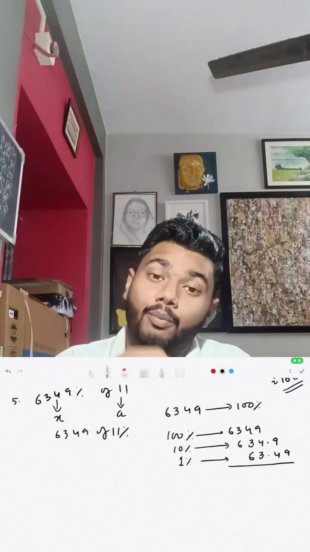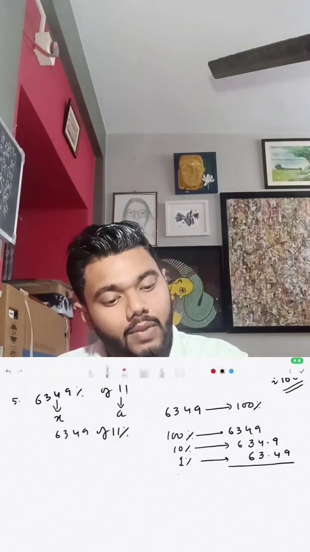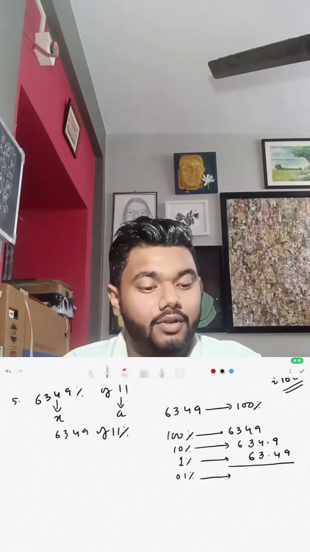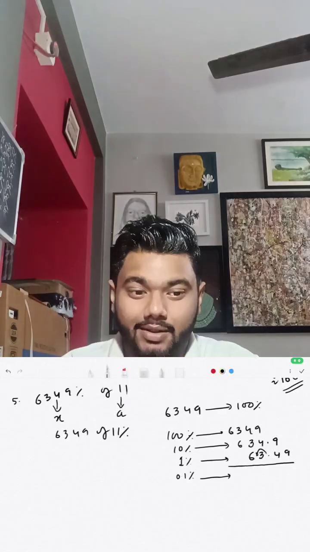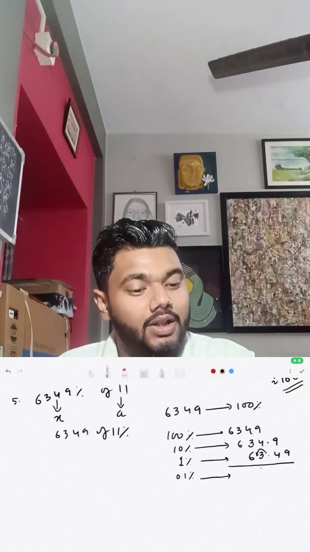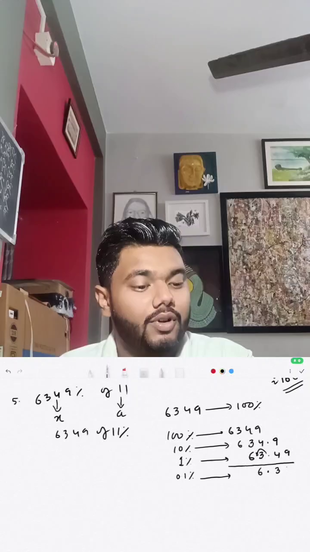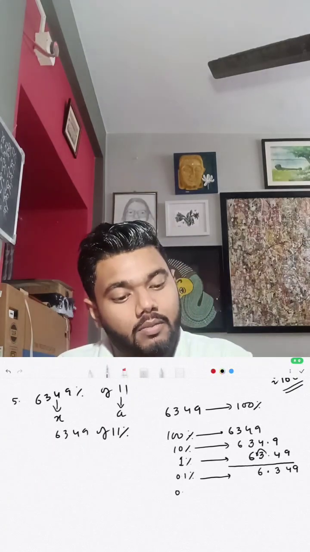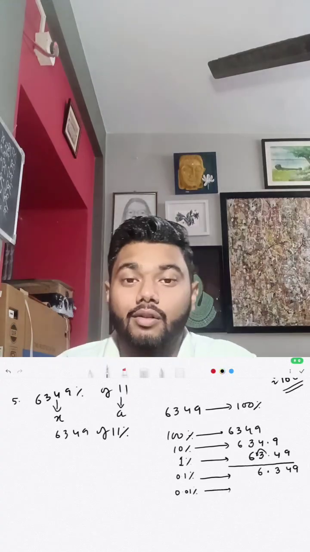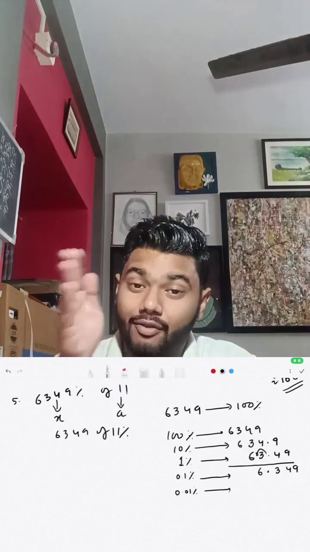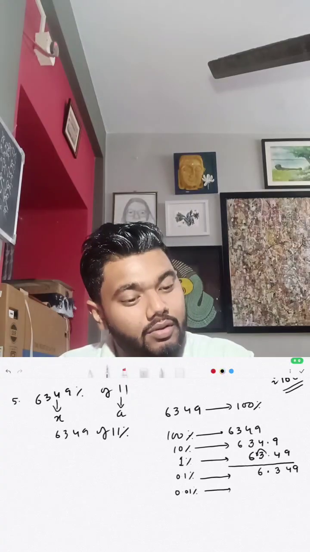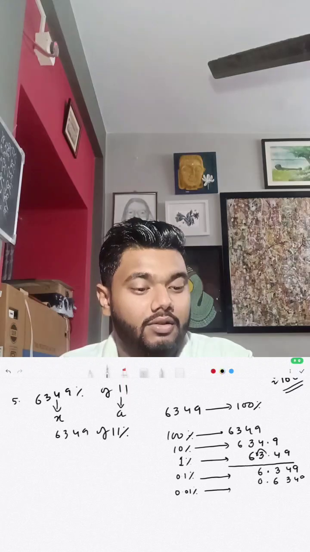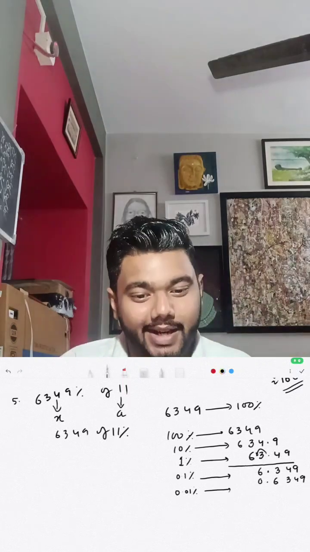If we now take 0.1%, the value will shift three places, 6.349. For 0.01%, the decimal will again shift one place before the 6. So likewise we will do, right?